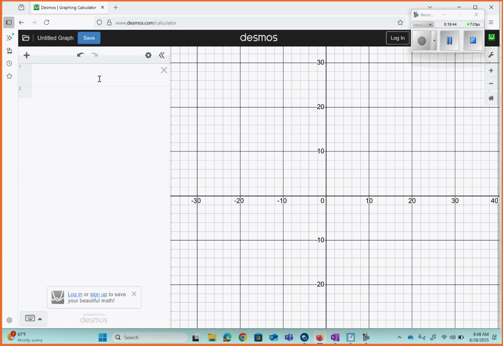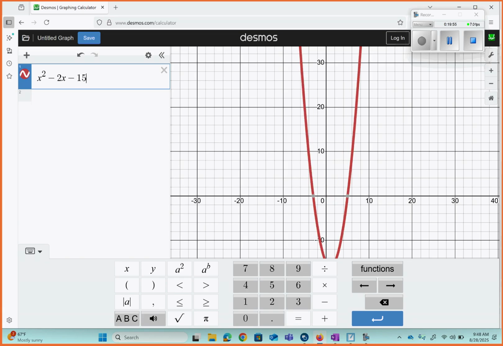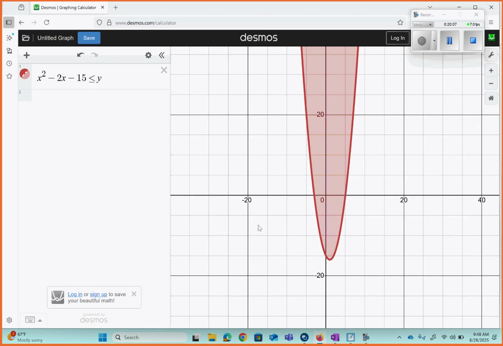So let's type it in as it sits, x squared minus 2x minus 15, and I'm just going to use the less than or equal to y.